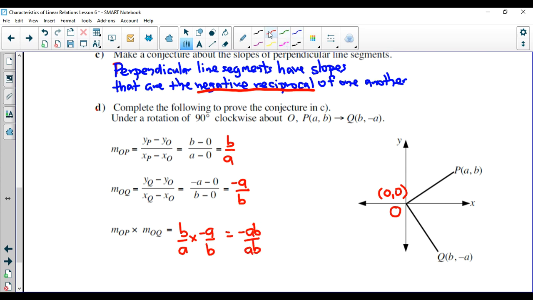And then these values cancel each other off, AB divided by AB would cancel off, and this would just leave you with negative 1. So if you take the slope of two line segments that are perpendicular and multiply them together, you'll get a value that's equal to negative 1. And that's because the slopes of perpendicular line segments are negative reciprocals. Okay, let's go to the next page.